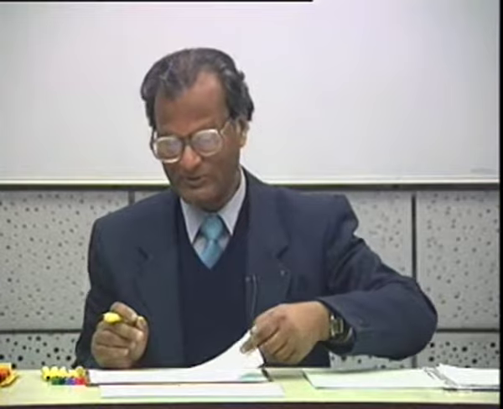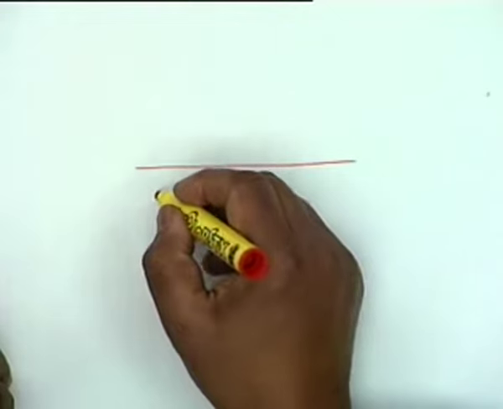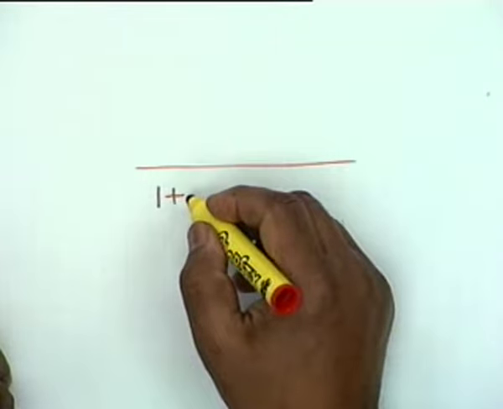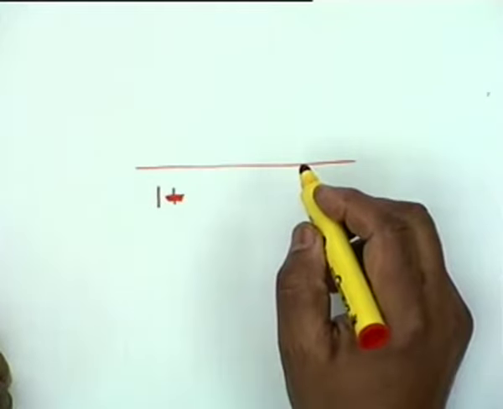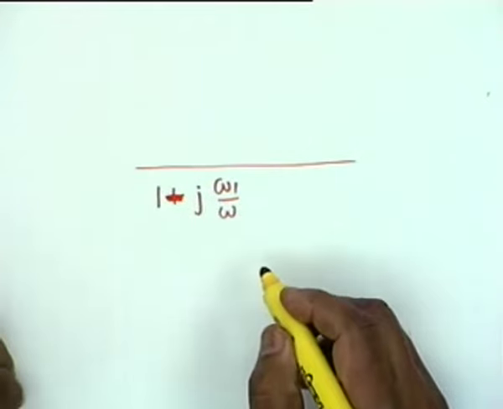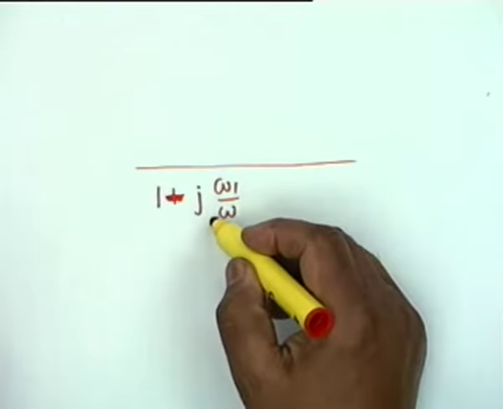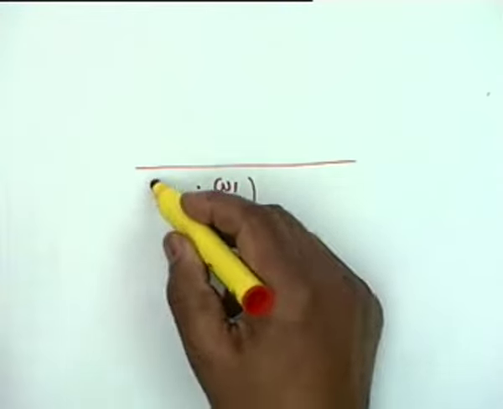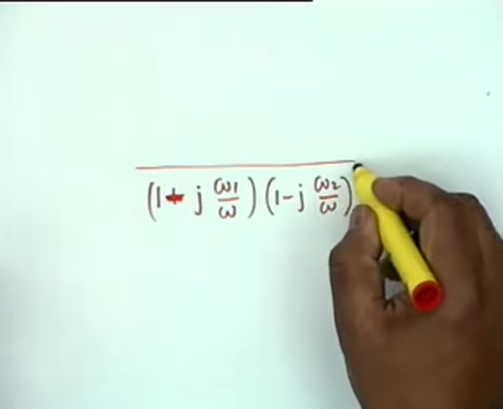And as we shall show, the effect of C1 is to introduce a factor 1 minus, why minus? Because omega occurs in the denominator. It's actually 1 plus omega 1 by j omega, and this j we have brought it up, multiplied by 1 minus j omega 2 by omega.